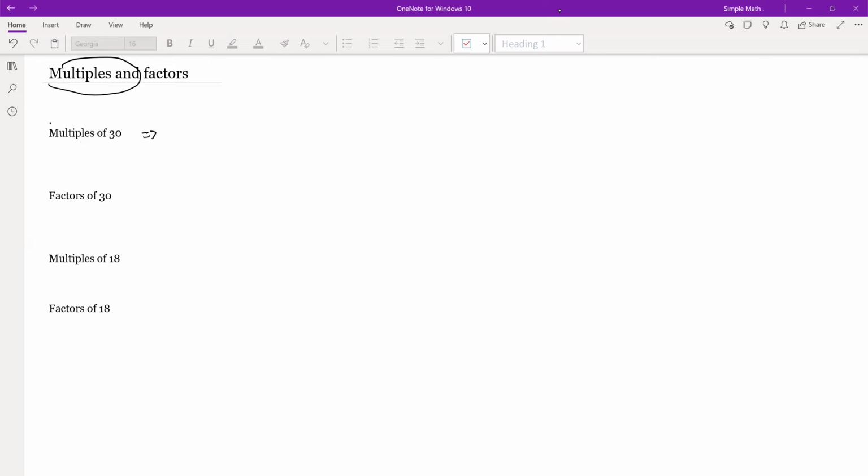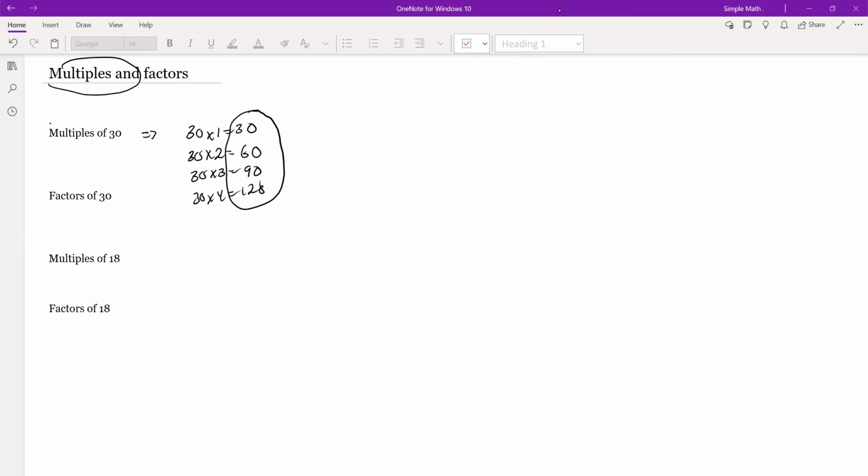So when you talk about multiples, you have 30 times 1 is what? 30. 30 times 2 is 60. 30 times 3 is 90. 30 times 4 is 120. So these are all multiples of 30 because you have to multiply 30 and another whole number to get them.